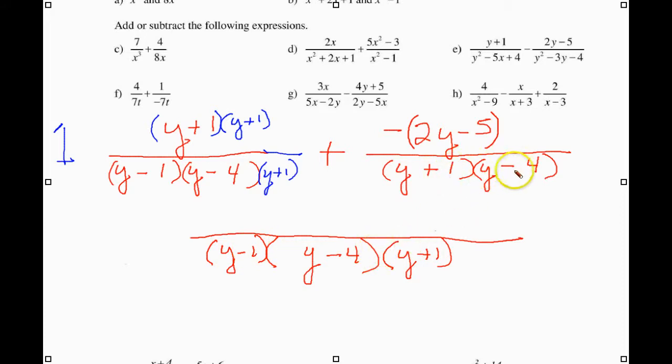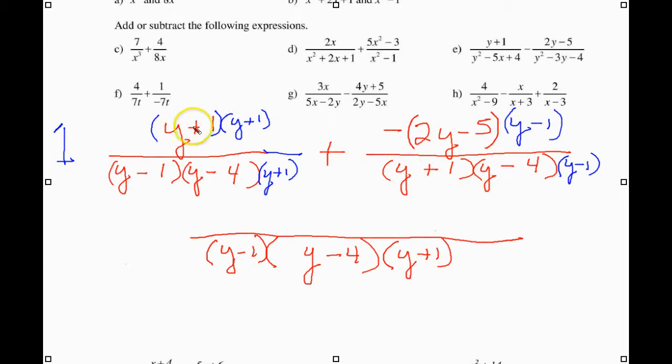Now, which one does this one need? Well, this one needs y minus 1 over y minus 1. This is my 1 that I'm multiplying this fraction by, so it ends up with this common denominator.